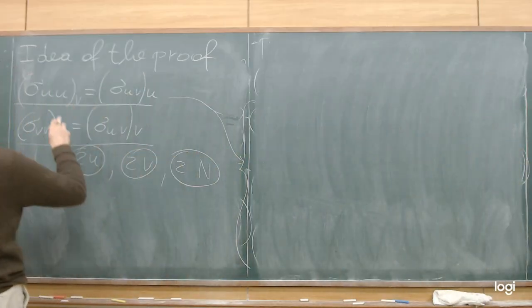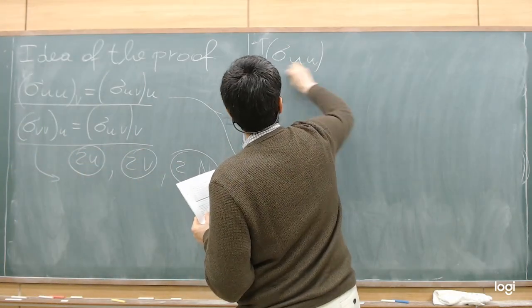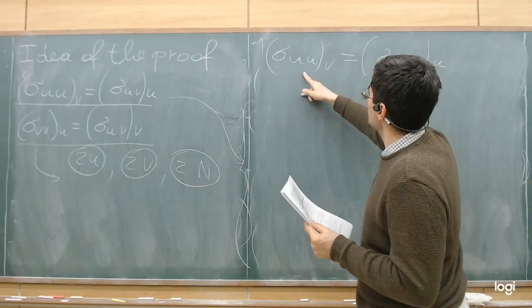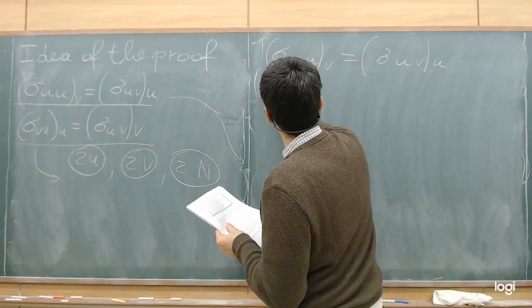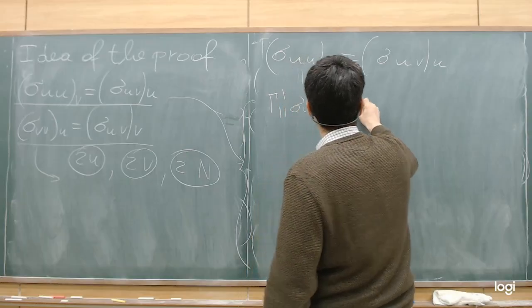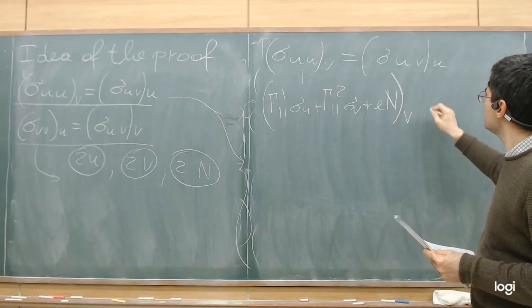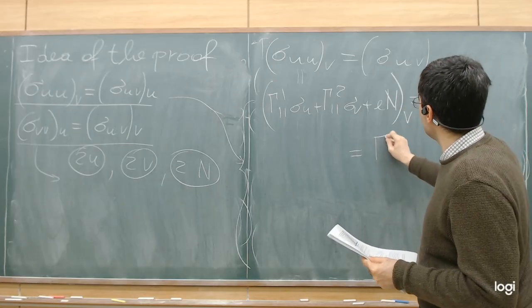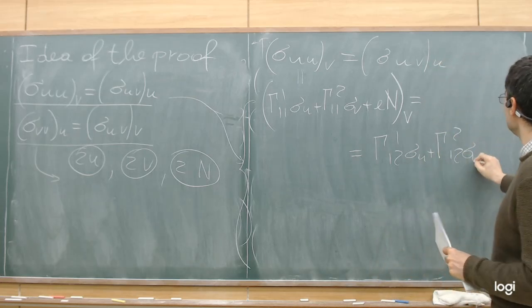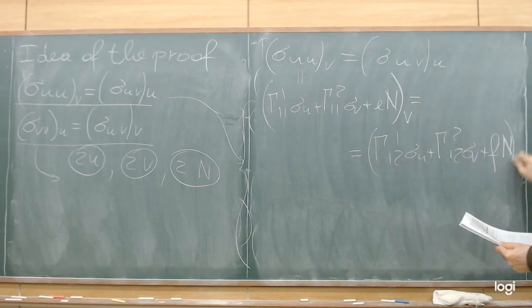Okay, let's use Christoffel symbols, and if we do this, then the left hand side is equal to gamma 111 sigma u plus gamma 112 sigma v plus EN differentiated with respect to v, equal to gamma 121 sigma u plus gamma 122 sigma v plus FN differentiated with respect to u.